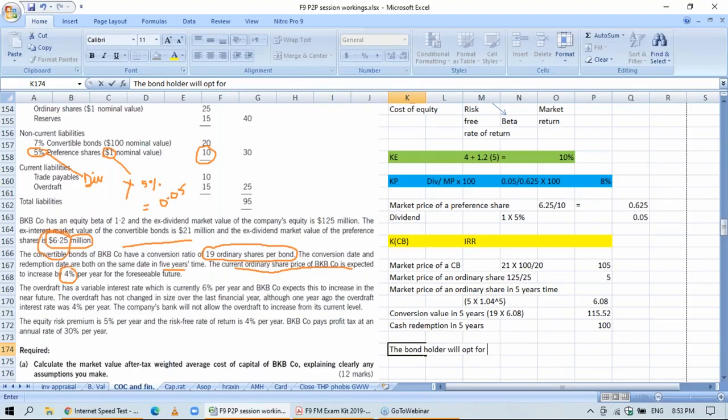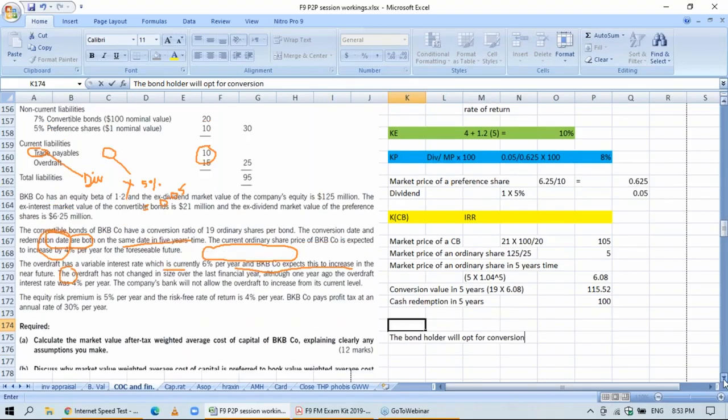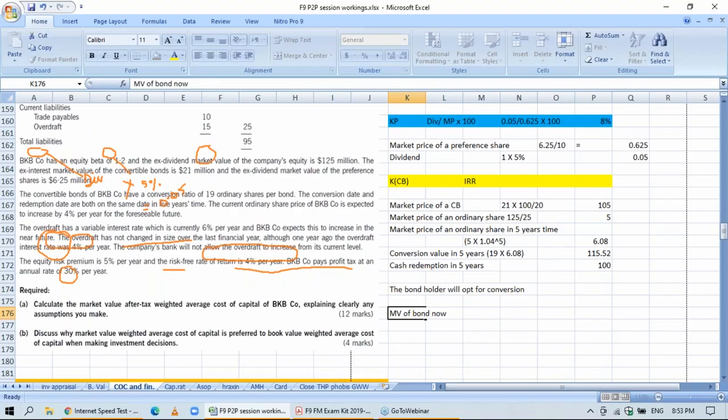So according to this, now we will make the cash flows and calculate the IRR, internal rate of return. And for IRR we need two NPVs. So the cash flows are first the investment amount, the market value of the bond now. This is the investment, and the market value now is 105.